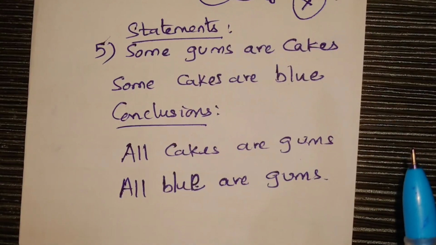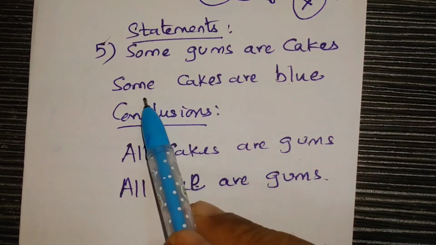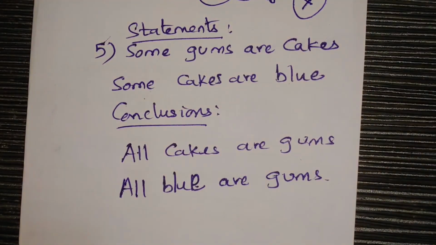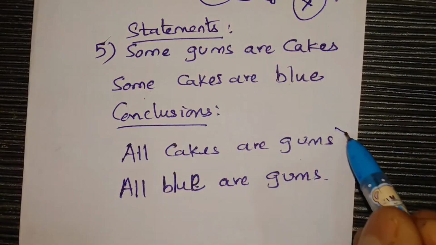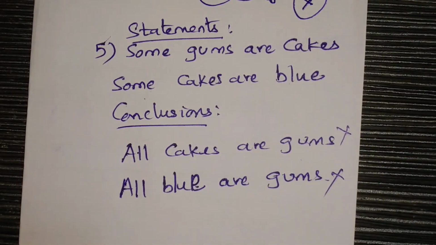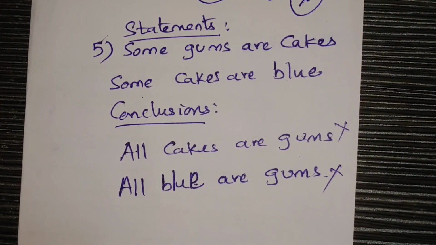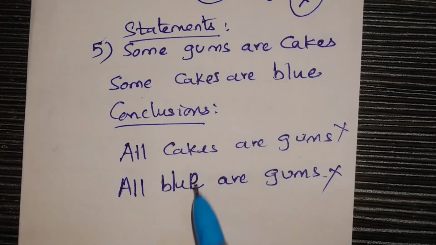Let us see one more. "Some" in the statements, "all" in the conclusion. Immediately I will tell both do not follow, because when "some" is there, we can't get "all". Let us check it.